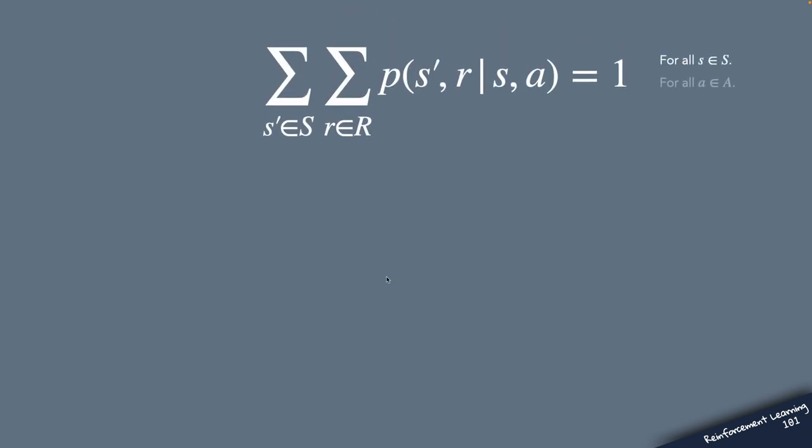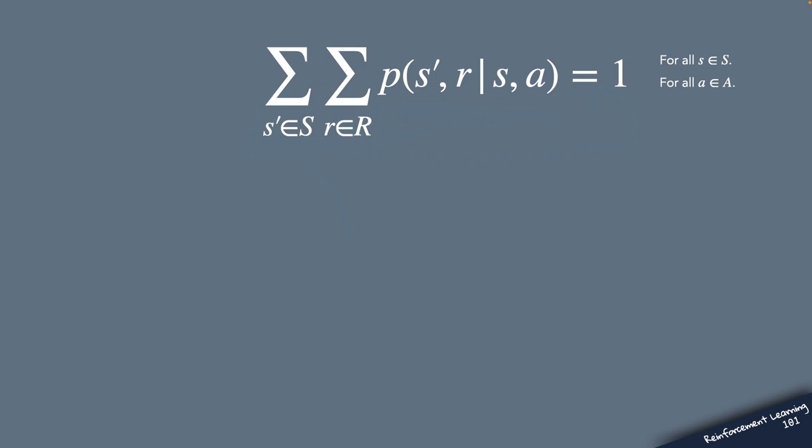As one last thing here, let's try to understand the following statement. When we sum those probabilities across all the future states and across all possible rewards, we should get 1. And this sort of makes intuitive sense when you think that among all possible future states, entering either of them, whichever it is, has to be a certainty, right?